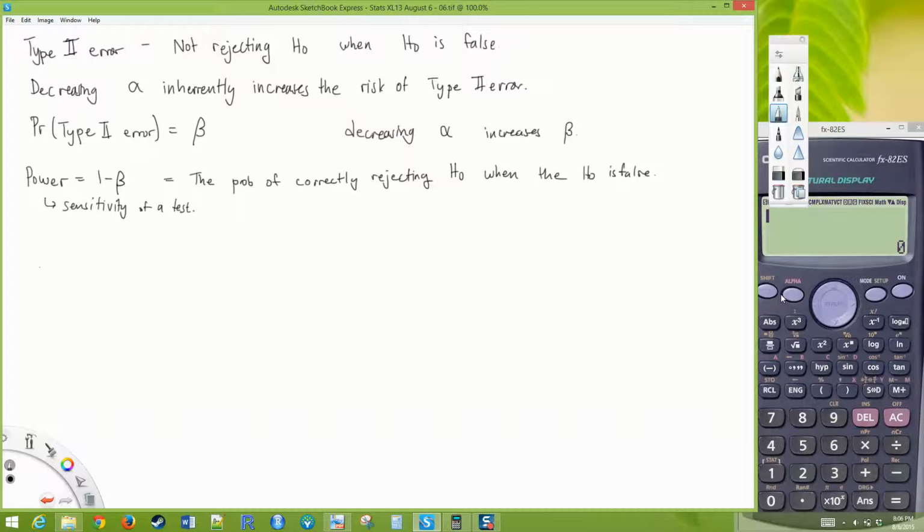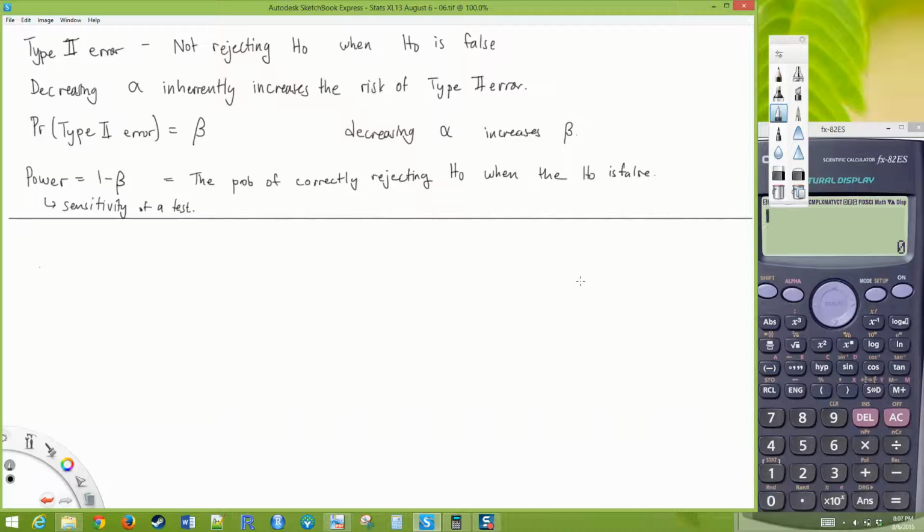And I think as researchers, we should be conscious of when we want a large alpha and when we want a small alpha. So I'm going to give us two situations, one where we might want a large alpha, and one where we might want a small alpha.